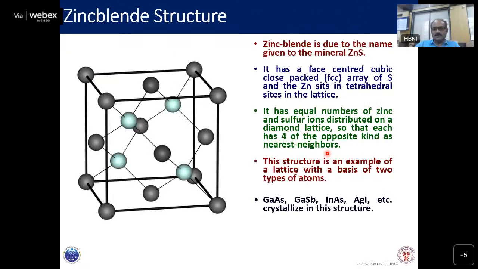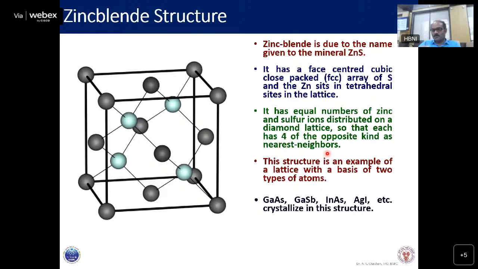So the difference between this structure and the diamond structure is that when you are putting the second lattice, the atom is different from the first one. Now if we imagine the same example where we had three spheres and another fourth sphere above that, in between those four spheres there was a space.